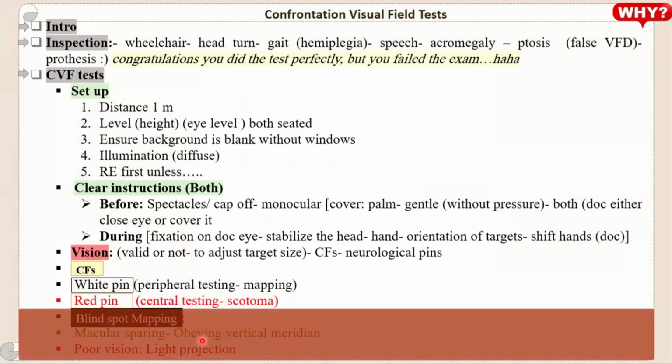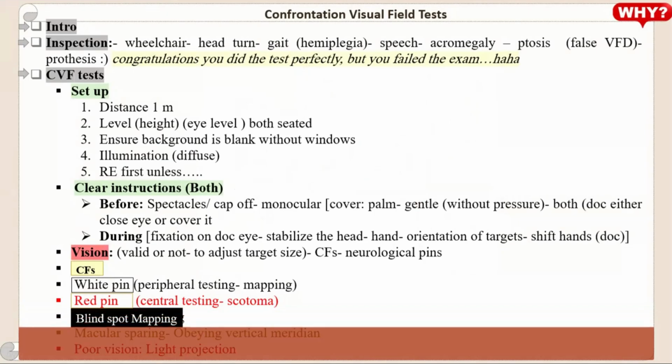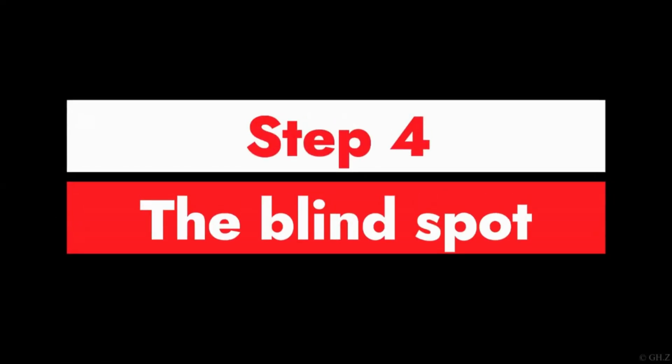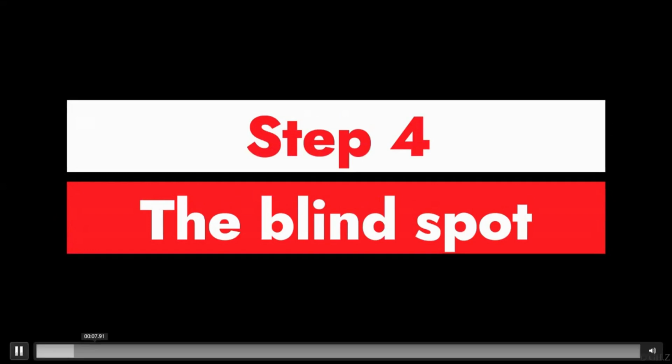We finished step 1, counting fingers, step 2, white pen, neurological pen, step 3, red pen. The next step is step 4, blind spot mapping.